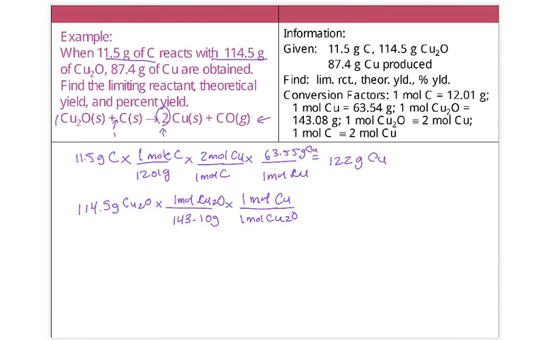Okay? And final step, we want to go back to grams. So 1 mole of copper gives us 63.55 grams of copper. All right? And this gives us 102 grams of copper. Okay?